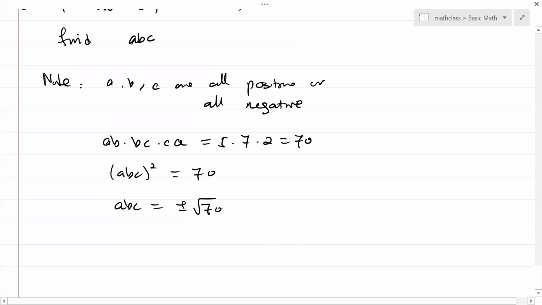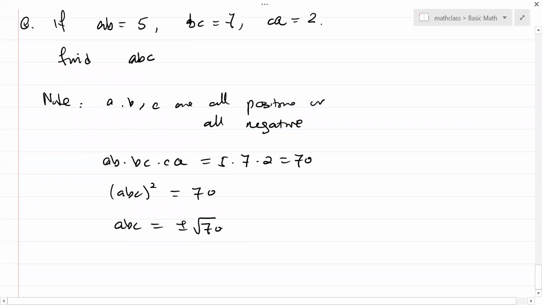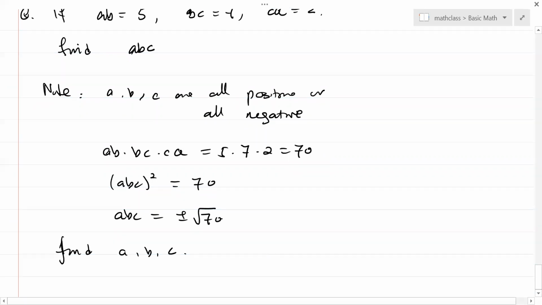Now, can you find all those solutions or not? Can you find A and B and C? If you really want to do that, well, that actually makes it easier.